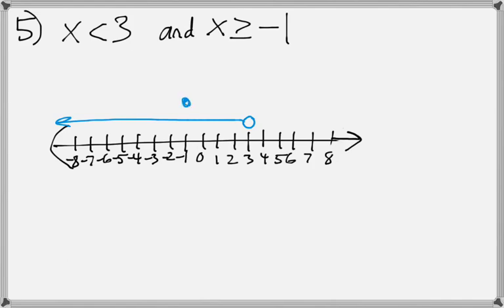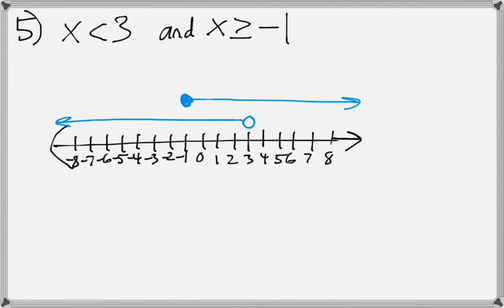That's going to be here and to the right. And again, we need to figure out where is the region where both of them are shaded. Over here, only one of them is shaded. Over here, only one of them is shaded. But if I go to here, both of them are shaded.